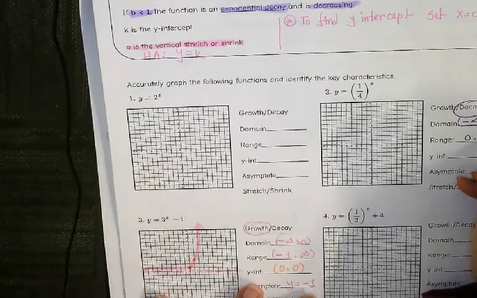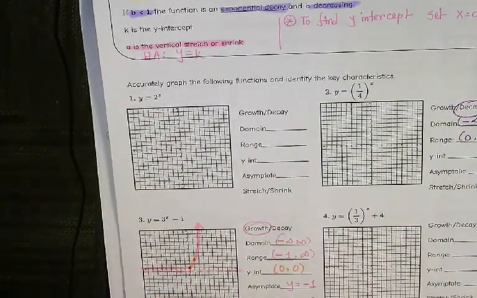Range is always from 0 to infinity or negative infinity or something. Okay. Y-intercept. Asymptote. What will be the asymptote? Again, what will be the asymptote?